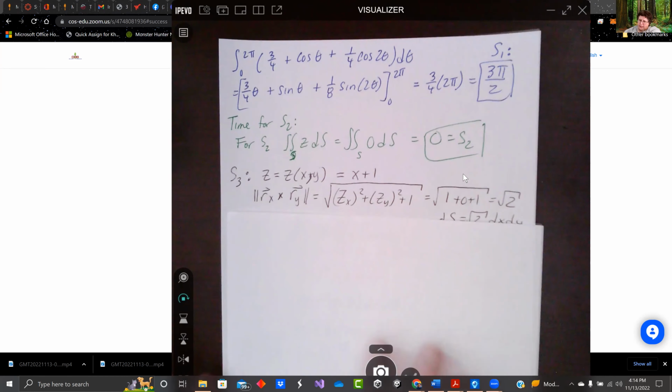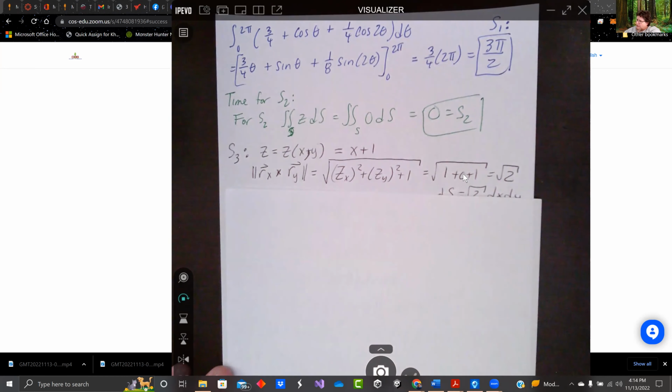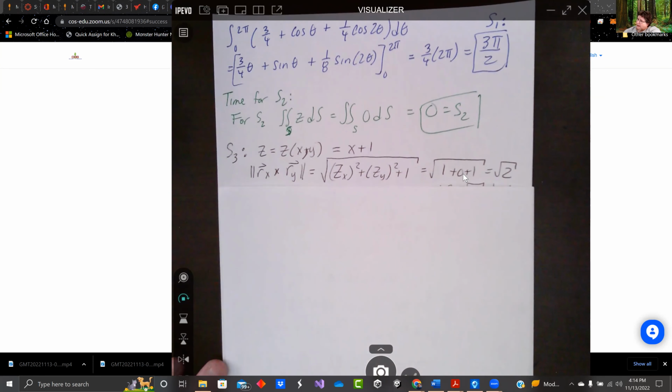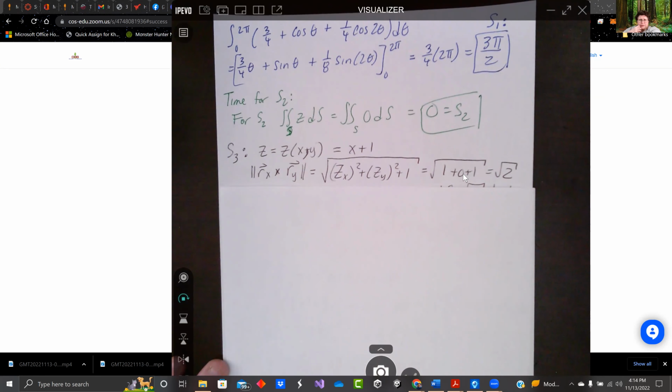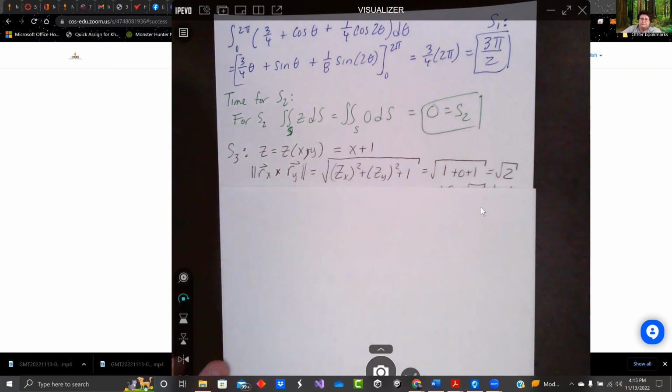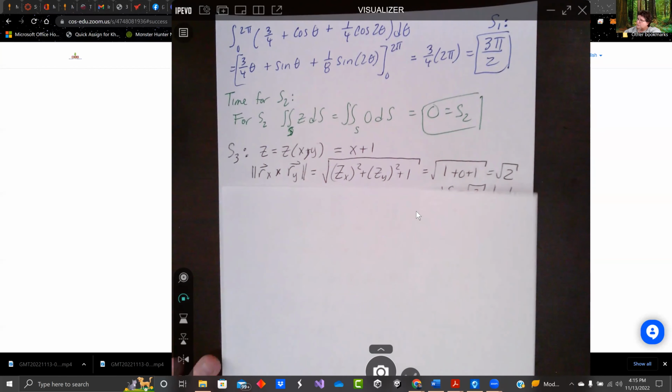Let's leave it as x and y because it's tricky. I don't want to try to interpret polar yet. Let's do x and y. So our derivative r with respect to x, derivative r with respect to y. We know that surface is z equals 1 plus x. So we find our r x cross r y, take the magnitude and we get root 2.